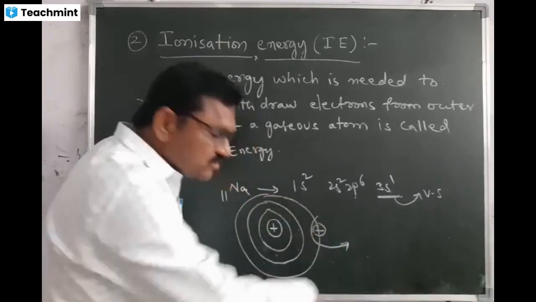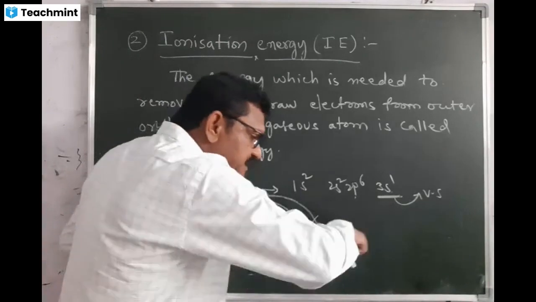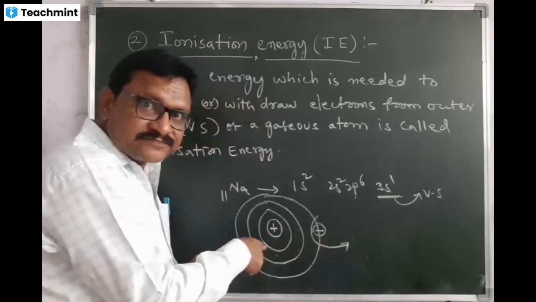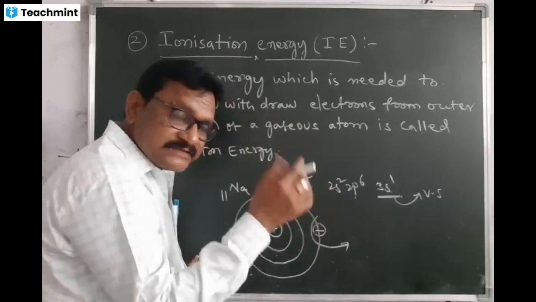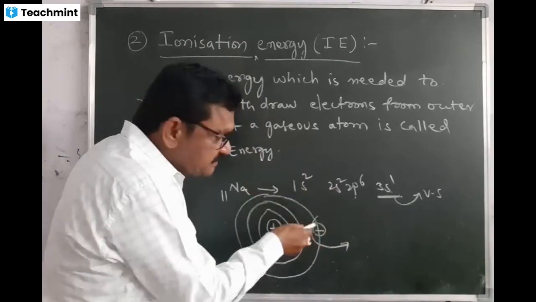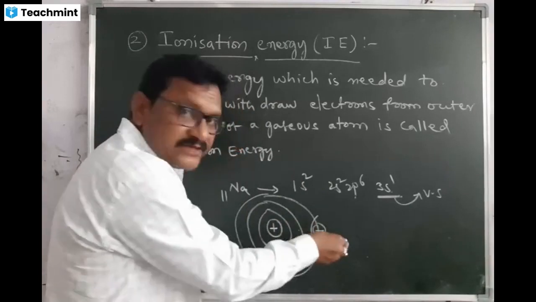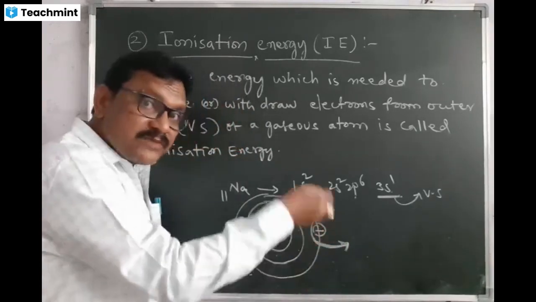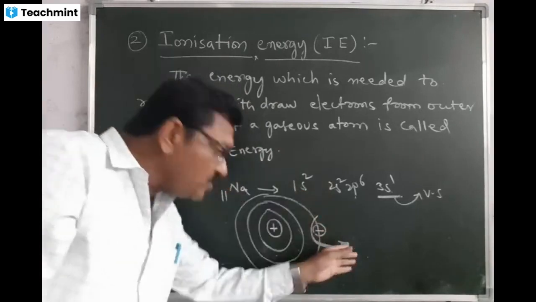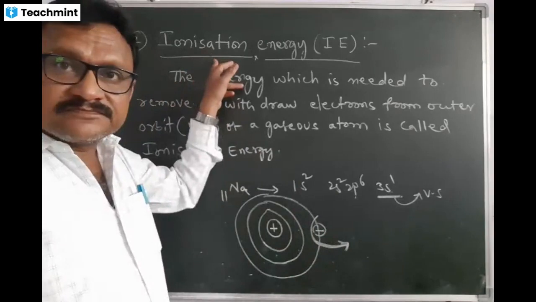Okay. So we are applying energy, we are needed to remove this electron from the gaseous atom. Look here, we are applying the energy to remove the electron from the outer orbit. That much energy we need to remove the electron from the outer orbit, that energy we call ionization energy.